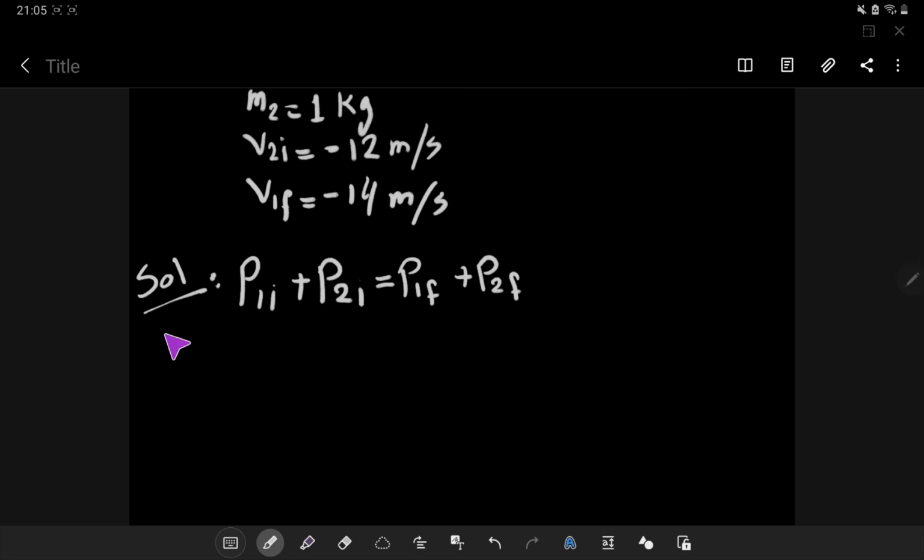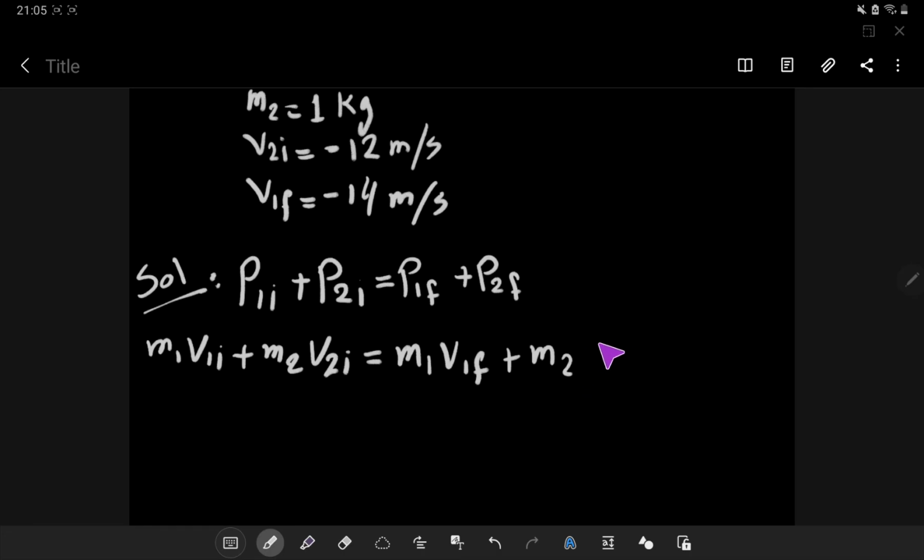Now we can write our equation like M1 V1 initial plus M2 V2 initial equal to M1 V1 final plus M2 V2 final.